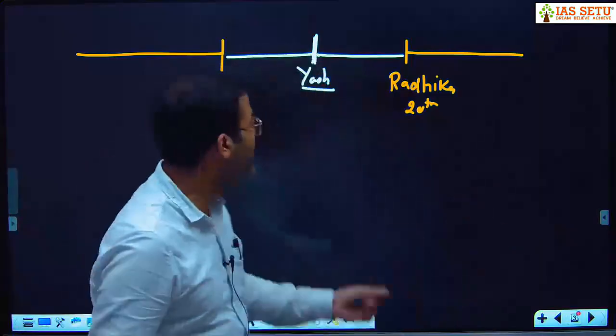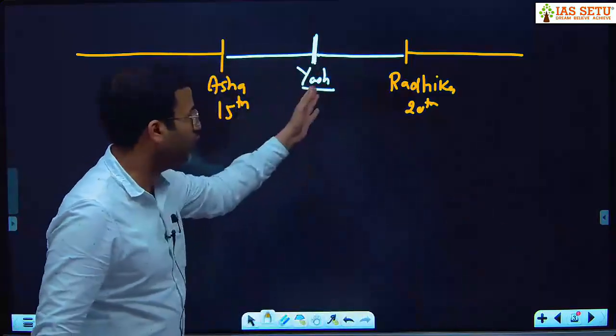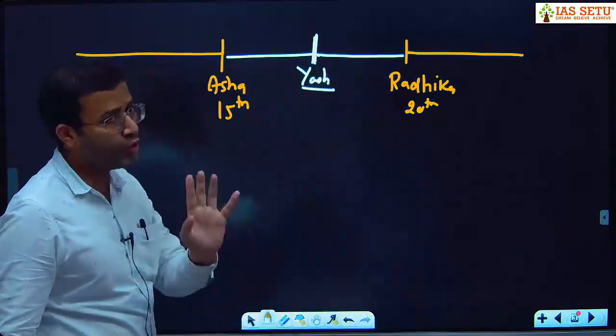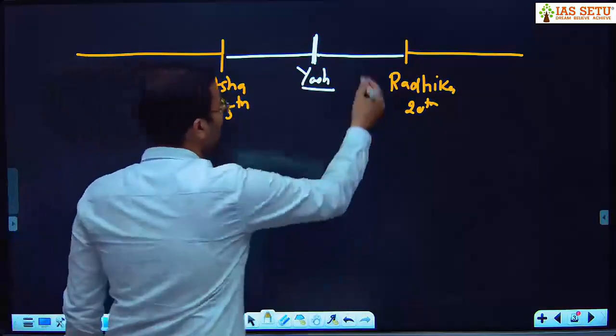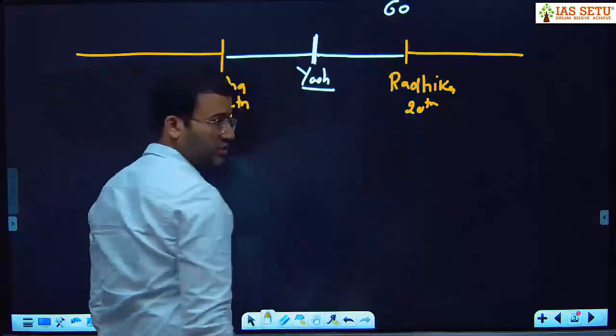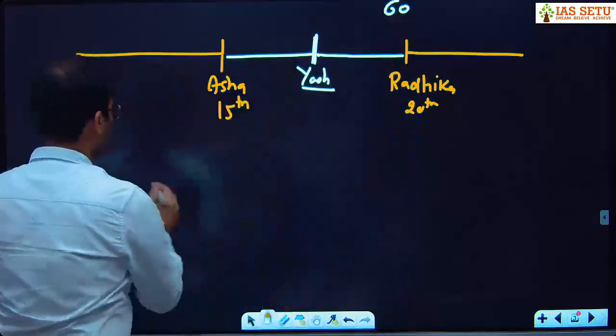Then they ask what is the ranking of Yash from the left or Yash from the right, and total persons are given, 60. I tell you how to handle it.